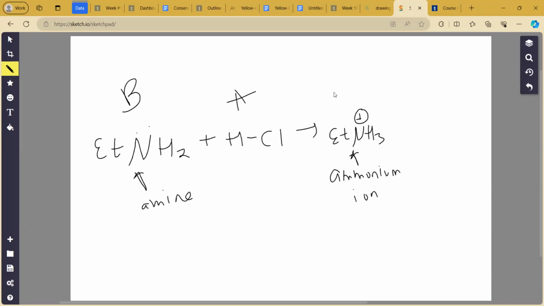And then you'll have the chlorine base. And so basically all that's happening here is that the base is gaining an extra hydrogen. It could look like this.